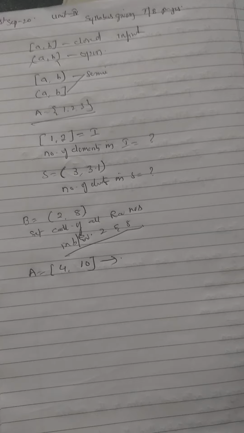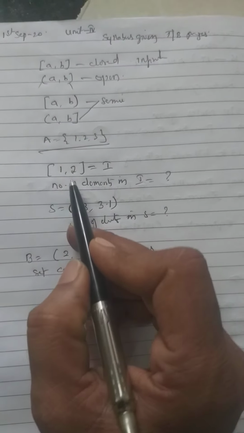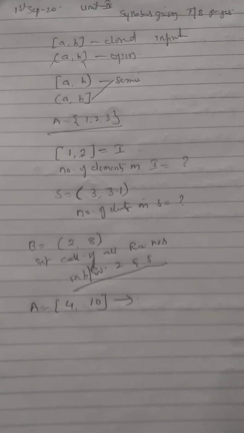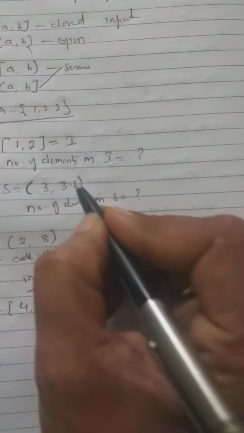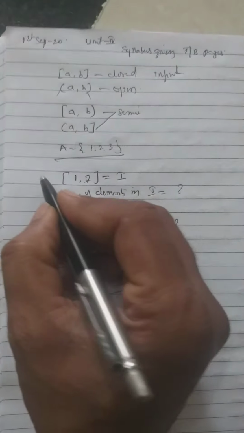That is the difference between open interval and closed interval. Later you tell me the number of elements in this set and also in this set: the first one is [1, 2], and the second one is S is equal to (3, 3.1). I want the number of elements in those two examples, right?